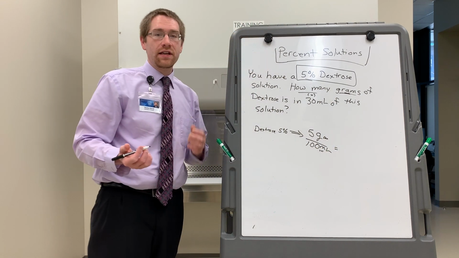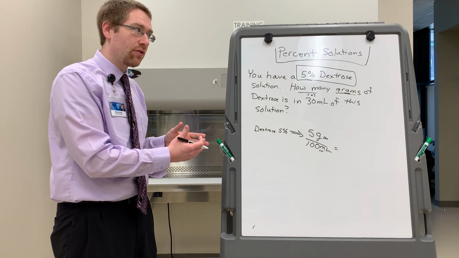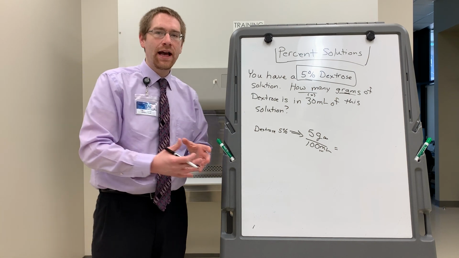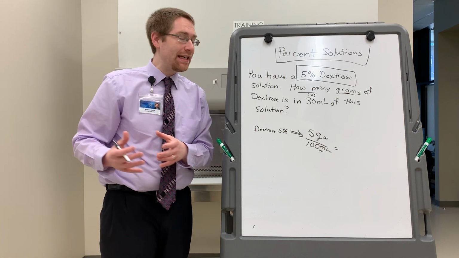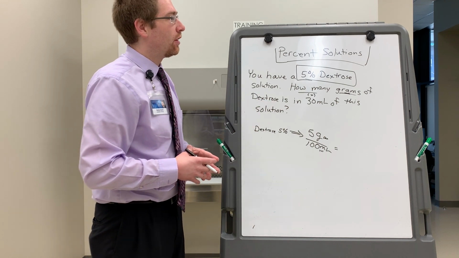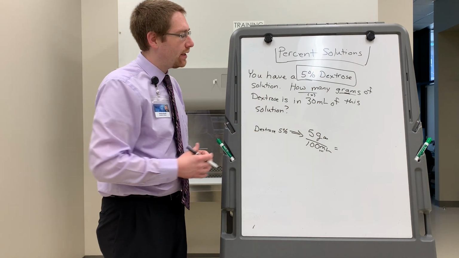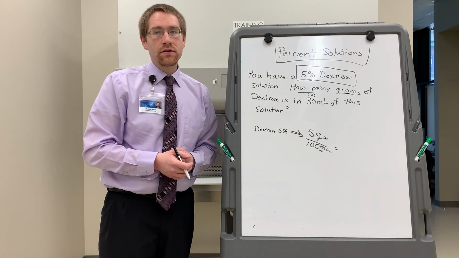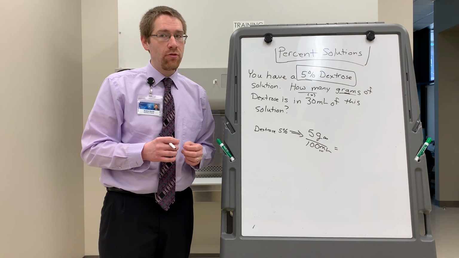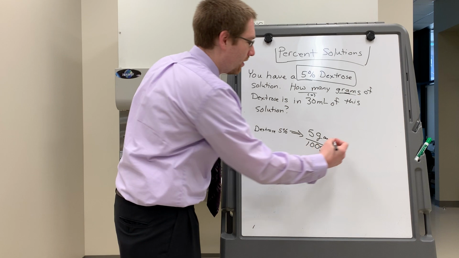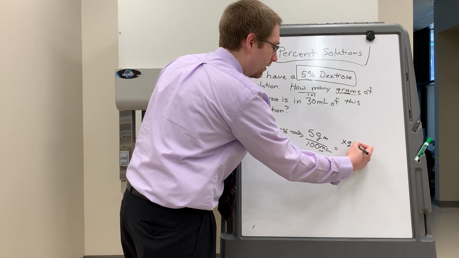Now when you do a dosage calculation, you have half of the equation. That's what we have. Now we need to figure out what do we need. Well, looking at the problem, the question is asking how many grams of dextrose. So whenever you see the words how many, you should immediately think that's my X gram that I'm comparing this to.